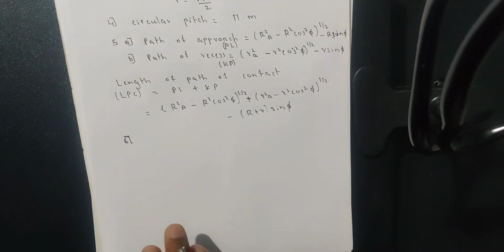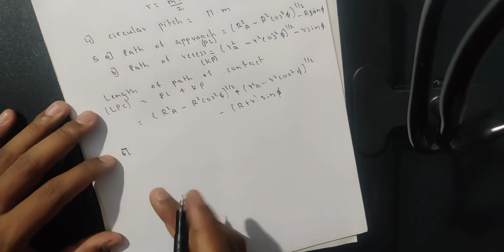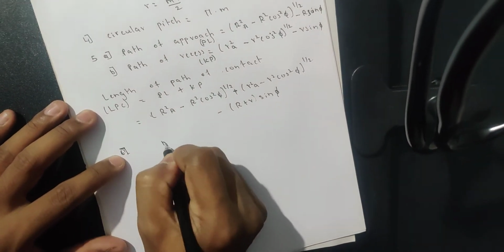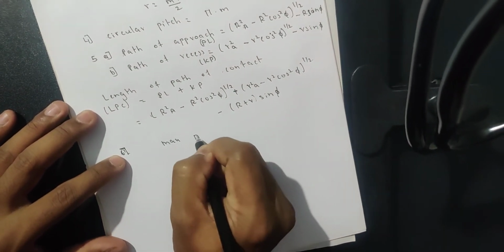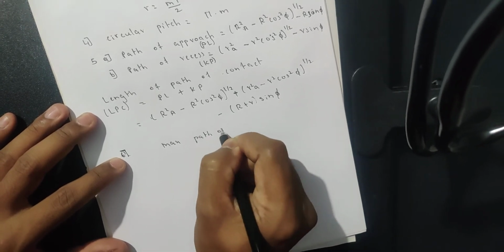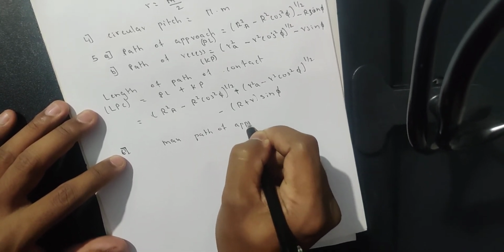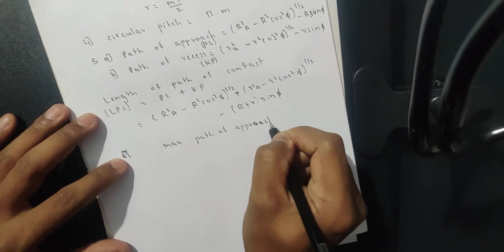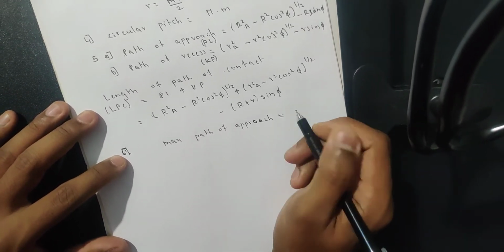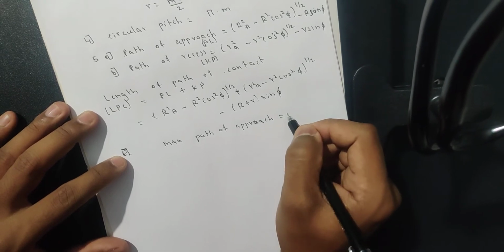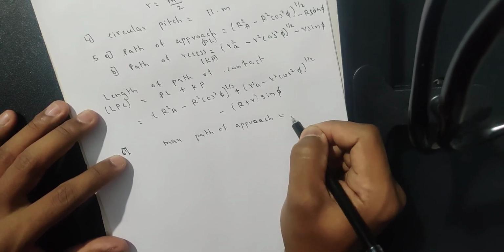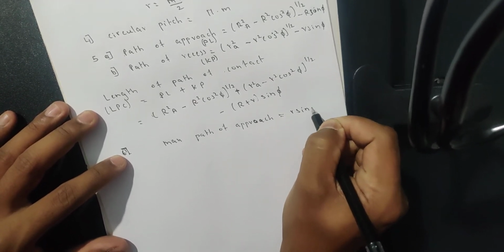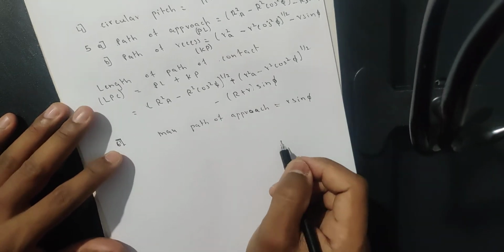If I want the maximum path of approach, that will be given as r sine phi.